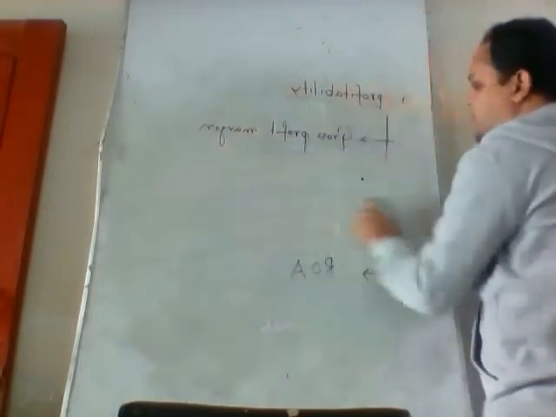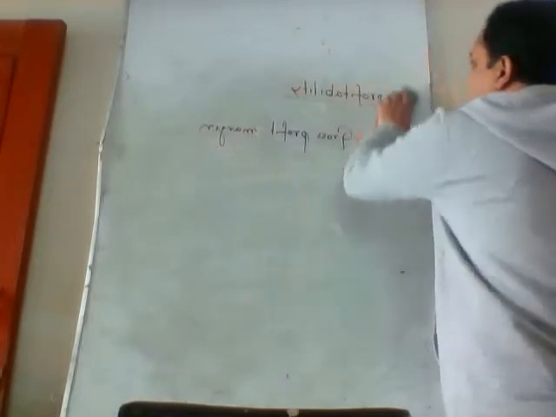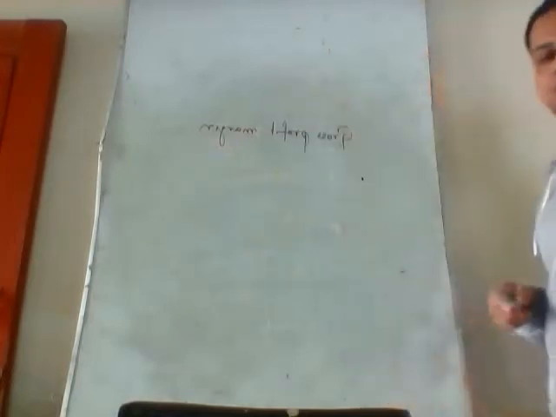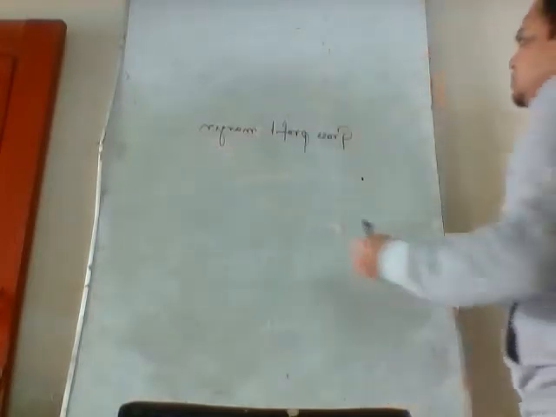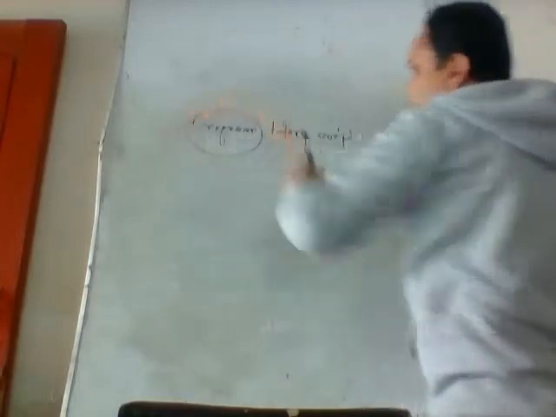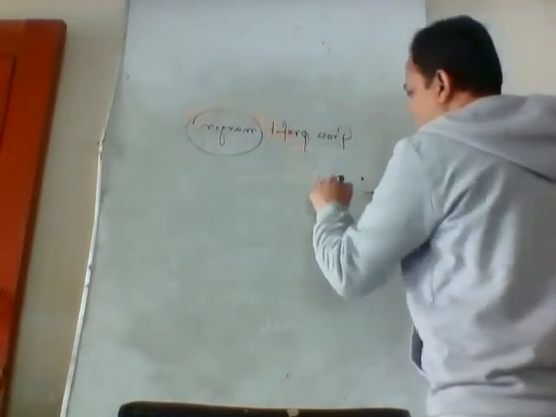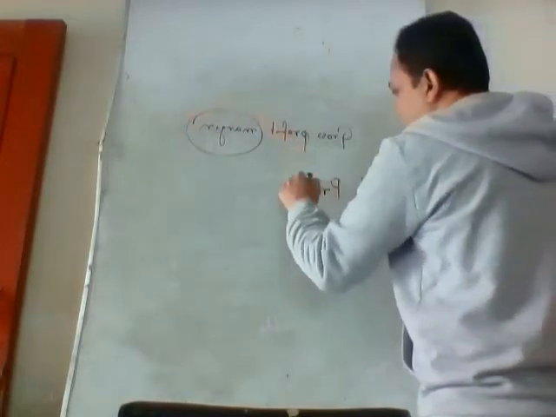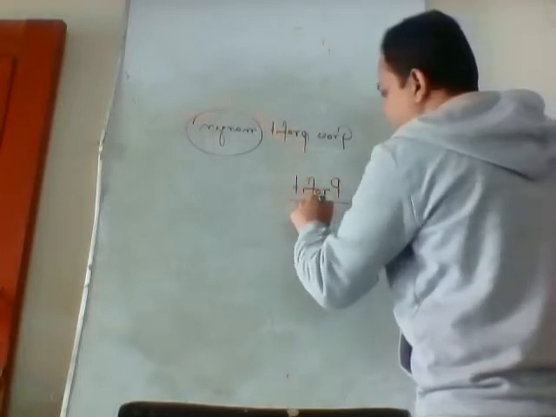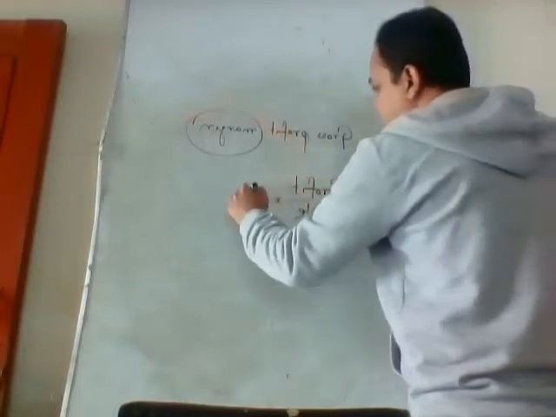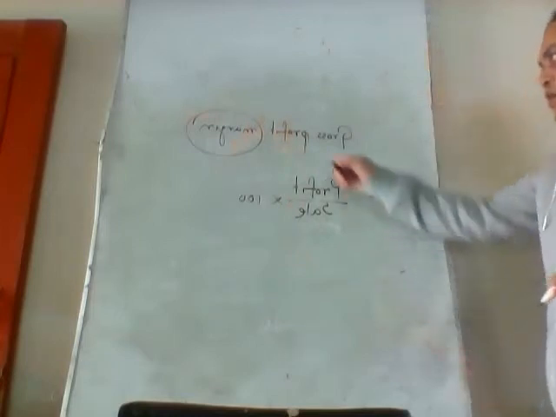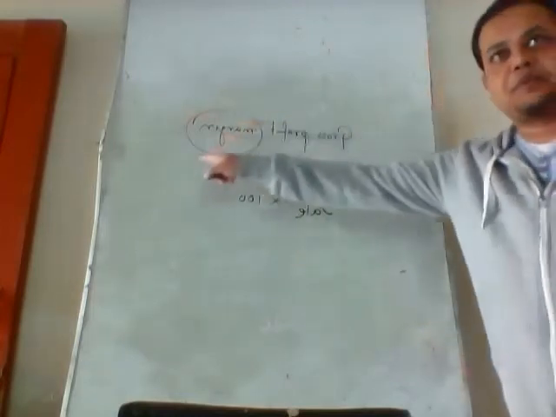First, I show gross profit margin, right? Gross profit margin. Margin means a specific proportion of profit to sale into 100. But here we are trying to find out gross profit margin.